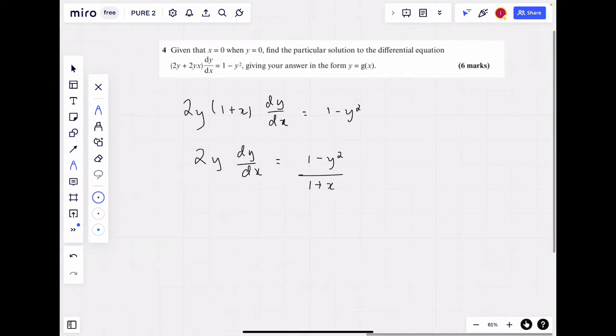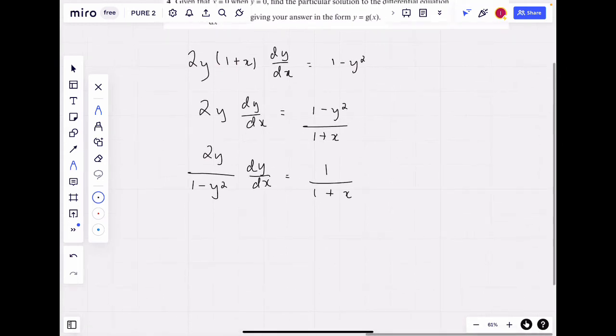Now, if I divide by 1 − y², I get this. And now if I multiply the dx out, I get this. Now we're ready to integrate because you've got all of y on one side with dy, and all of x on the other side with dx.